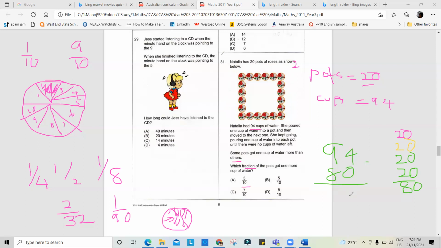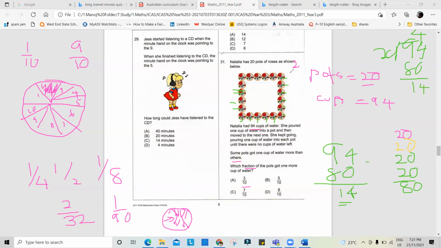Can you tell me? 4 minus 0? 4 minus 0 is 4. 9 minus 8? 1. Yeah. 14 cups remained, right? That means the same thing: 94 divided by 20 equals 4, 80, 14 remained, right? Now that is the fifth round. I am going the fifth round with 14 cups. This is 1, 2, 3, 4, 5, 6, 7, 8, 9, 10, 11, 12, 13, 14.